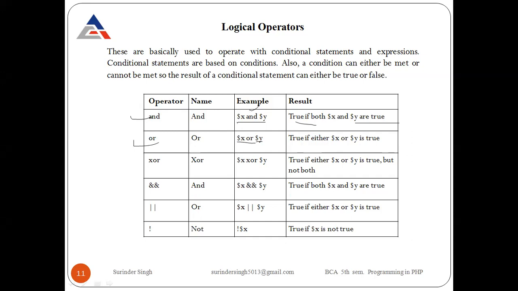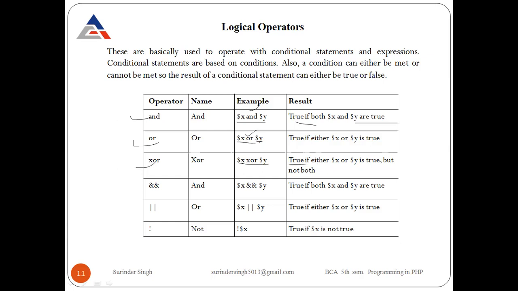In and, both should be true if we want to get the result true. Okay, but in an or operation, if any one is true, then we will get the result true. Okay, XOR. In XOR, the result is true if either x or y is true but not both.